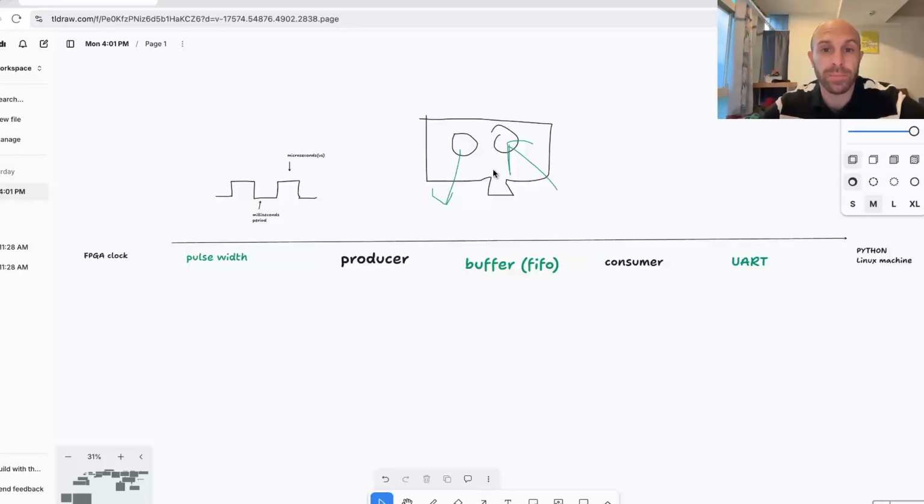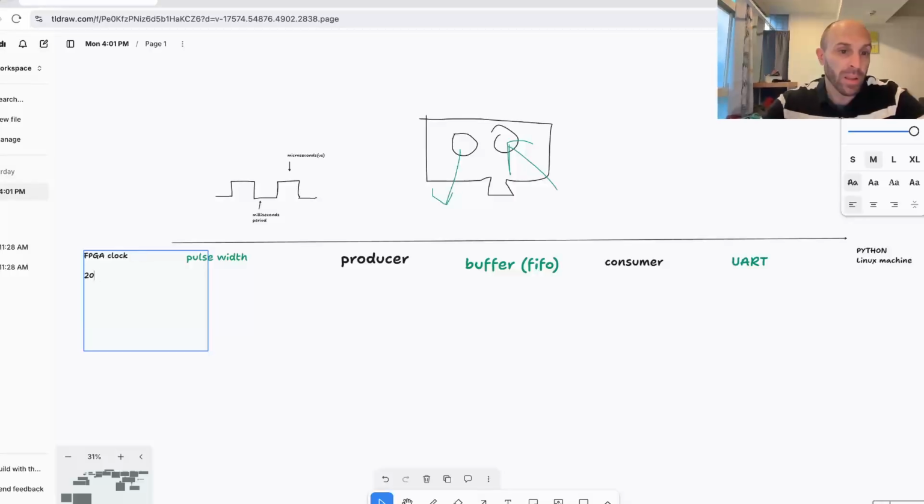Okay, so let's start. Everything on this system revolves around a clock. We're using a 100 megahertz clock. That's 100 million ticks, or clock cycles, per second.